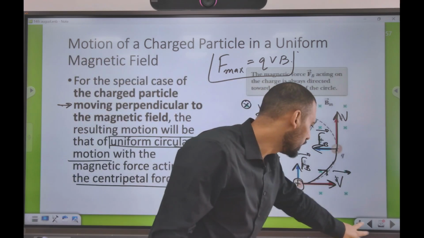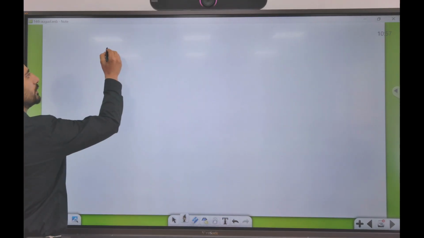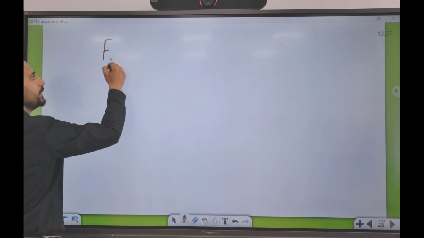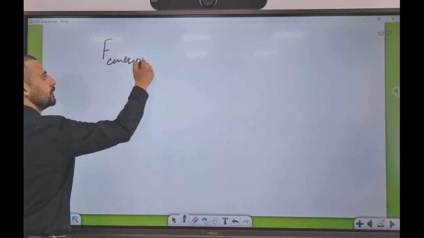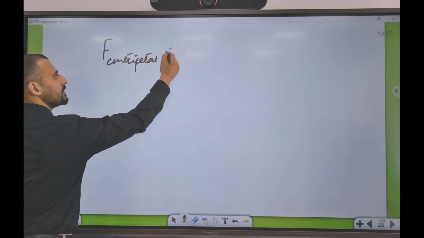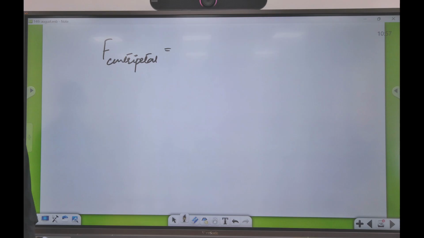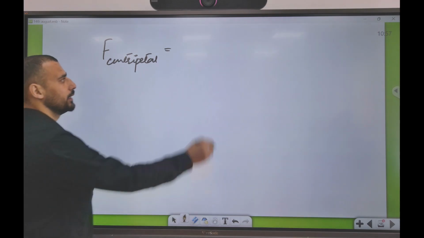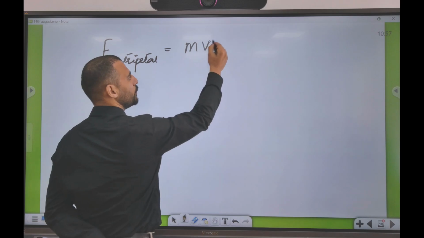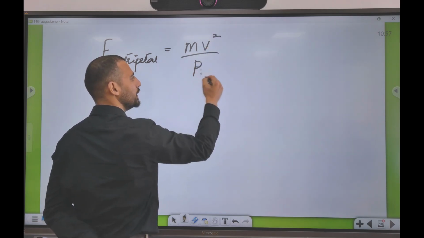Fine. So if I try to equate, do you know what is the value of the centripetal force for a circle? What is the value of the centripetal force for any circular motion? Remember, it is always mass times velocity squared upon the radius of the circle.